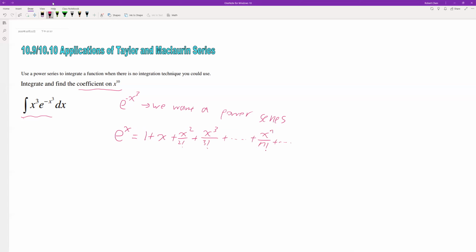Now to find e to the negative x to the third power, all we need to do is replace all the x's in the power series representation of e to the x with negative x cubed. So this will look like 1 plus negative x to the third power plus negative x to the third power squared over 2 factorial plus negative x to the third power cubed over 3 factorial.